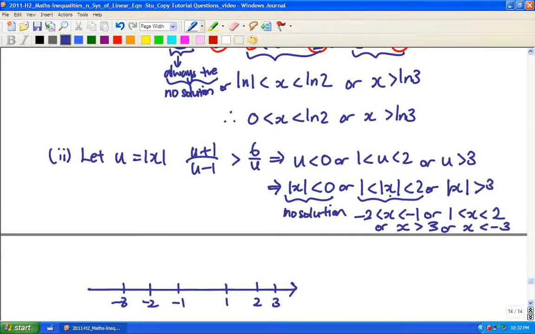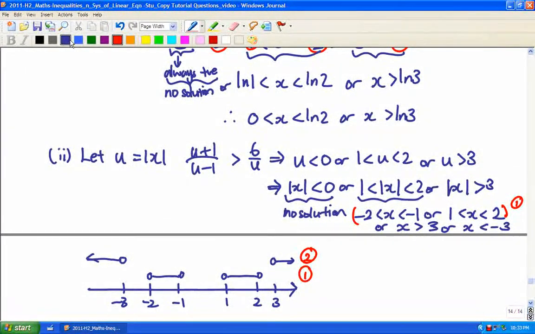The first part here, if this is inequality 1, will correspond to this part on the number line. Whereas for the second one, it will correspond to this part.